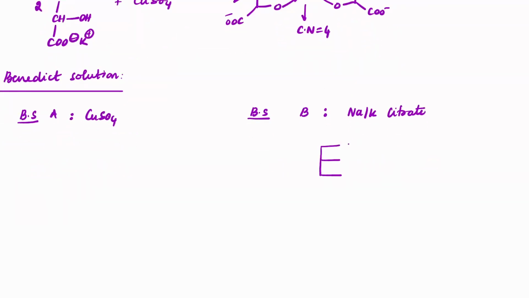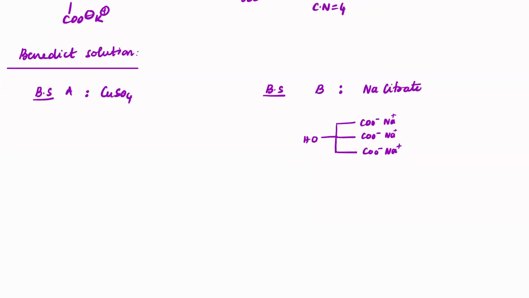So how will be the structure of this one? It will be like COO minus, CO minus, CO minus. Usually sodium citrate is taken. Potassium combination is not essential here. So simply I'll write down sodium citrate salt. This one with OH. This is that solution B. Here this will also form a complex, and that complex will also give you the overall reaction like this.